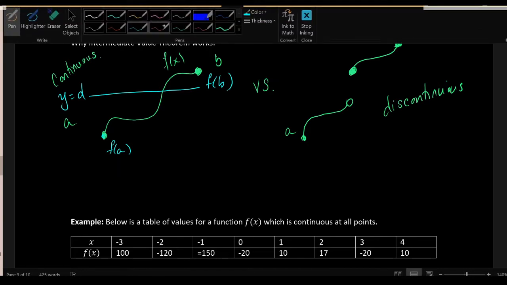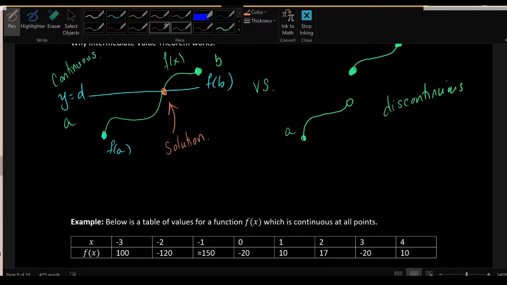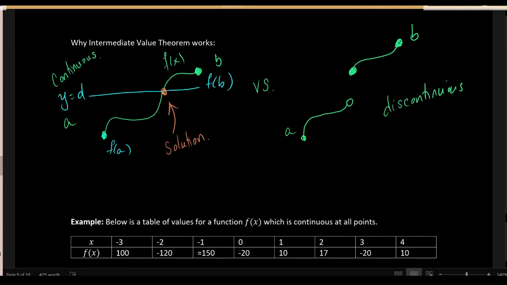And where the level y equals d meets the graph, this is where the solution lives. This isn't guaranteed to happen if the function is discontinuous. If the function is discontinuous, then y equals d might correspond to a level where the function has a break. The function doesn't actually have a solution because the graph doesn't ever cross this height at y equals d.